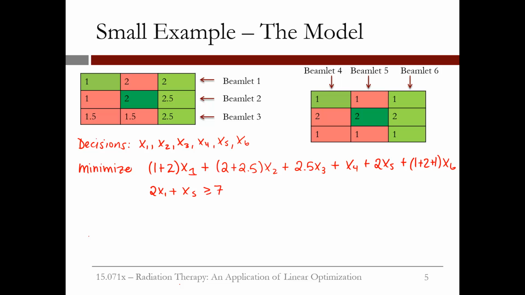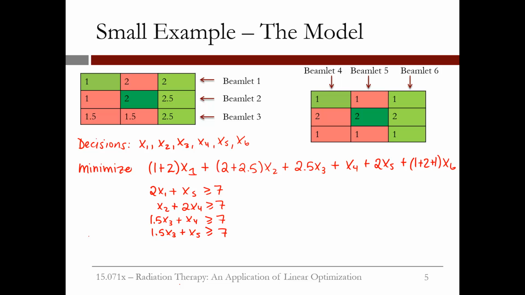Now for the tumor voxel in the second row, we have x2 plus 2x4 also greater than or equal to 7. Now for the two tumor voxels in the bottom row, we have 1.5x3 plus x4 greater than or equal to 7, and 1.5x3 plus x5 greater than or equal to 7.